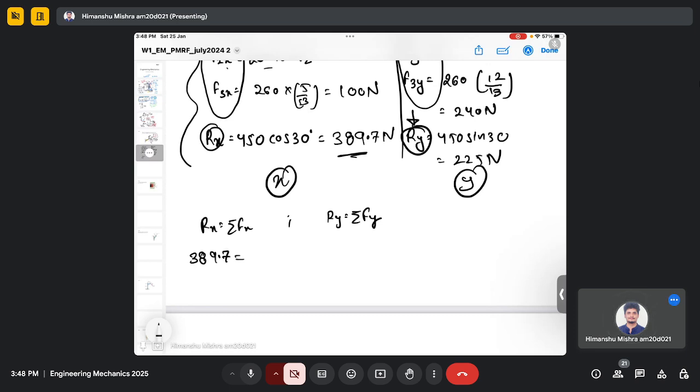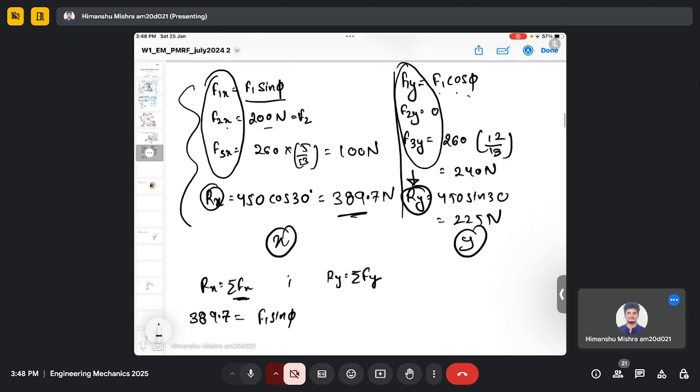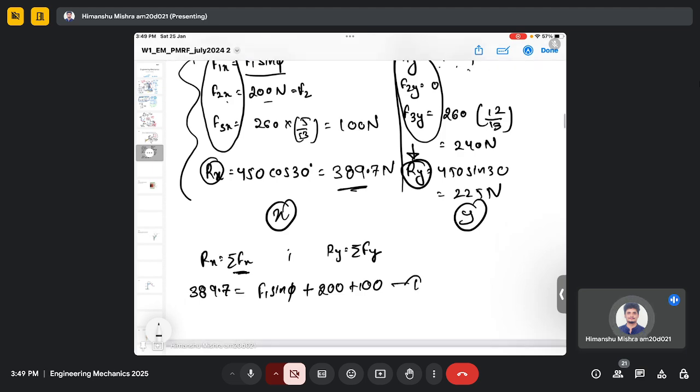Rx is 389.7, which equals the summation of force in the x direction. So basically F1 sin phi plus 200 plus 100, right? This is equation 1, which you get from Rx equals summation of Fx.